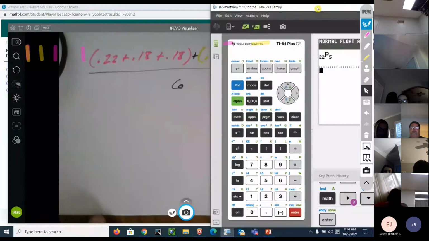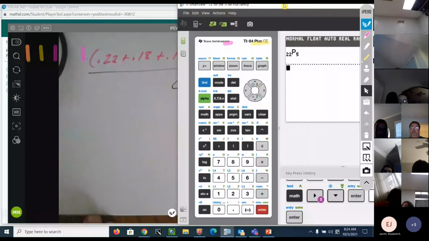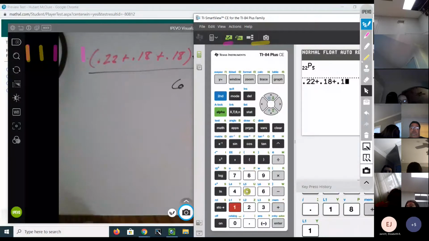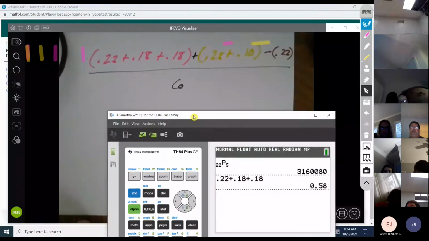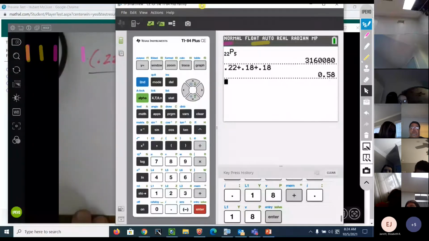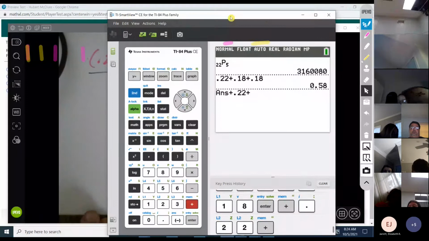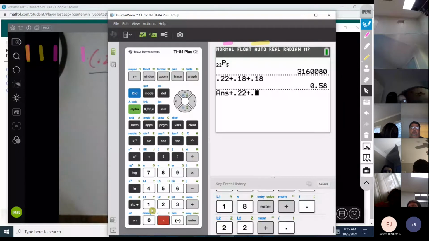So let's get our handy dandy calculator out. 0.22 plus 0.18 plus 0.18 equals whatever that number is, plus 0.22 plus 0.10 and then minus 0.22.